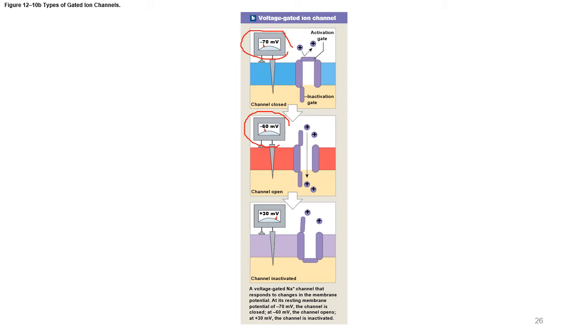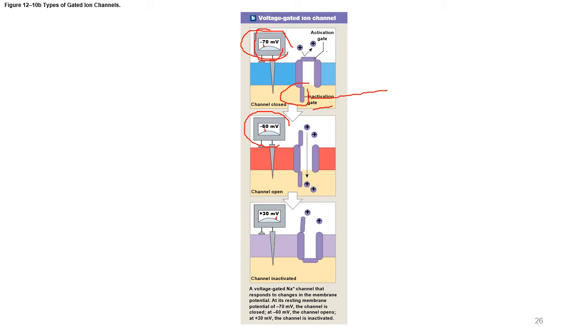So this is like the backyard gate right here, and it's always open. The inactivation gate is always open at rest at -70 millivolts, but the outside gate's closed. You don't have to worry about the dog getting out because it's safe, right? But when you want to let the dog out, all you have to do is open the outside gate. That's what happens when the voltage changes.